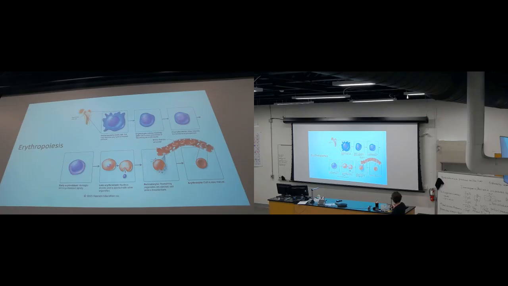This erythrocyte colony forming unit, with the presence of hormones like erythropoietin, will keep differentiating into what will become the future erythrocyte. But first, it will go through some stages like this one that is called proerythroblast. So in this case, you require erythropoietin.